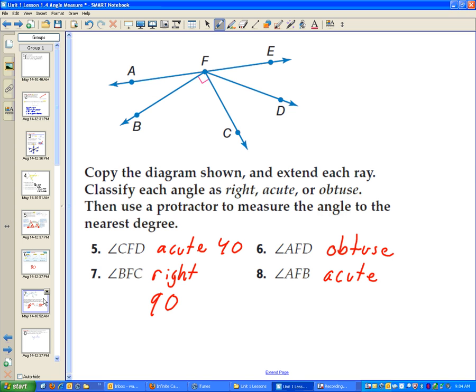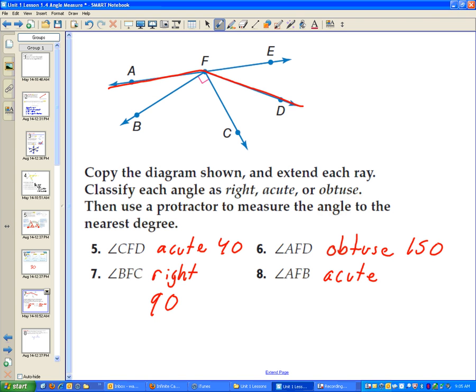All right, number 6, angle AFD was this one. All right, we know it's bigger than 90. In fact, it's getting fairly close to being as big as an obtuse angle can get. What would you guess? 150, 160, 130? I'll take any of those. The book says 150.